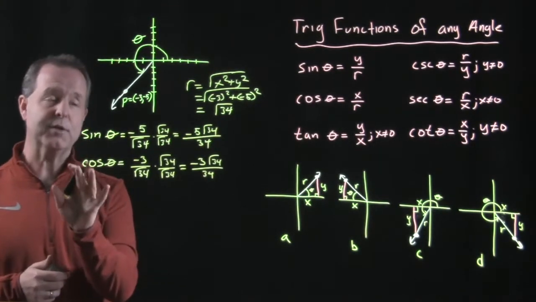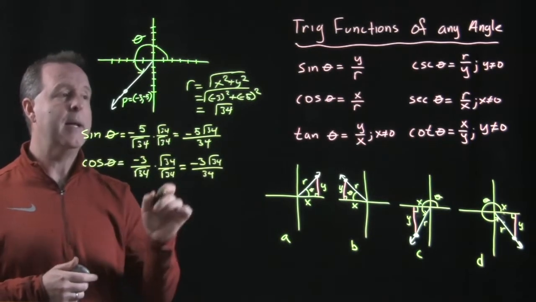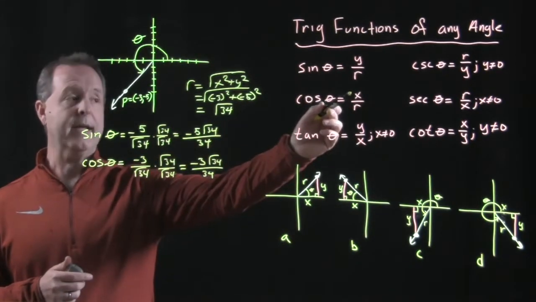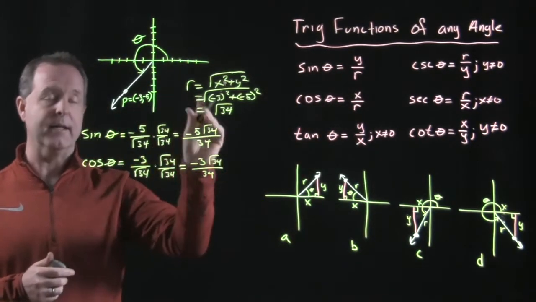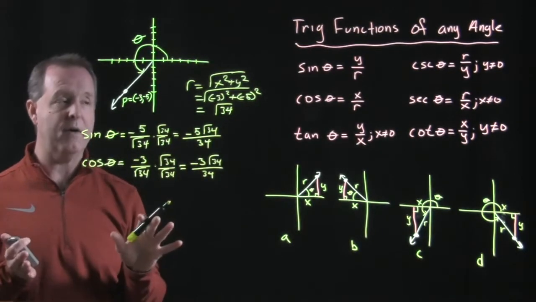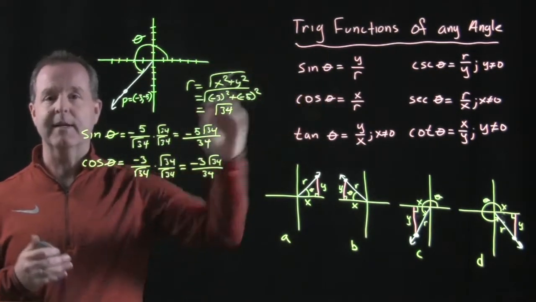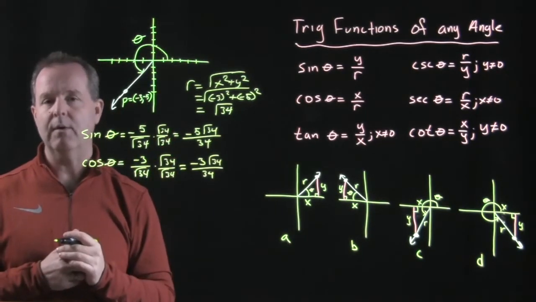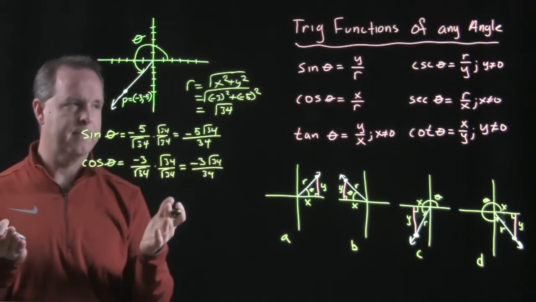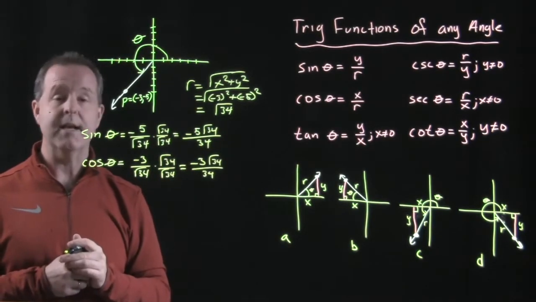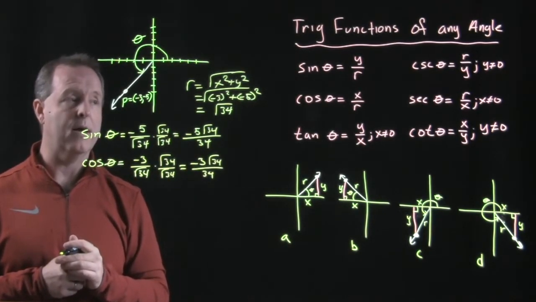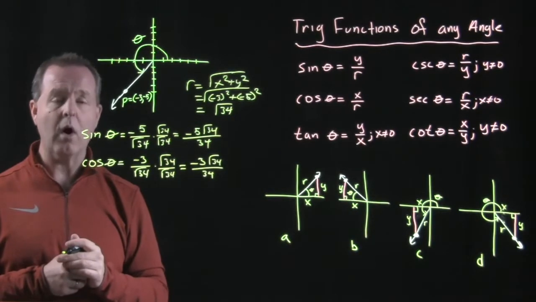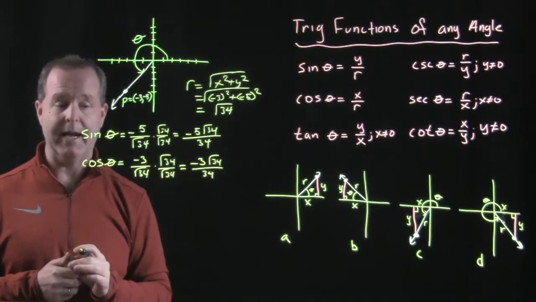Something that might be of interest to us right now is notice that both of these are defined at any point. The sine and the cosine are always defined as long as my radius is greater than 0. And obviously my radius is going to be greater than 0, or I just have a point. But good to note that sine and cosine are defined at any values of x and y.